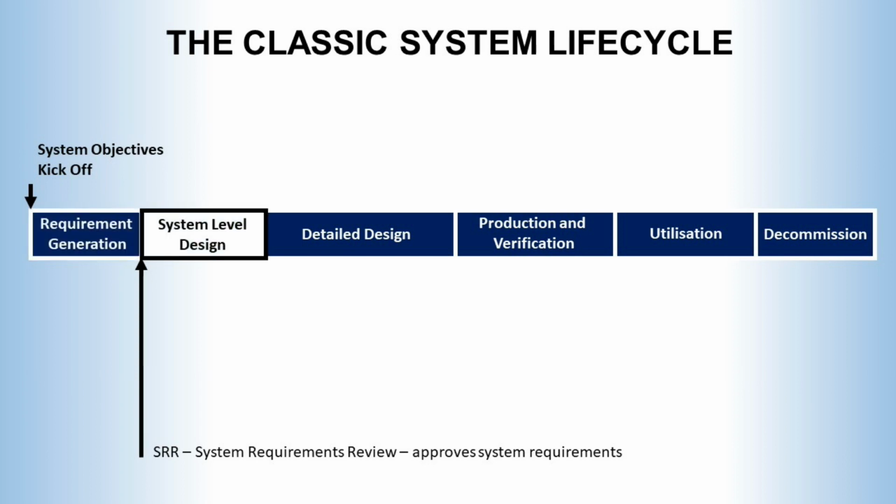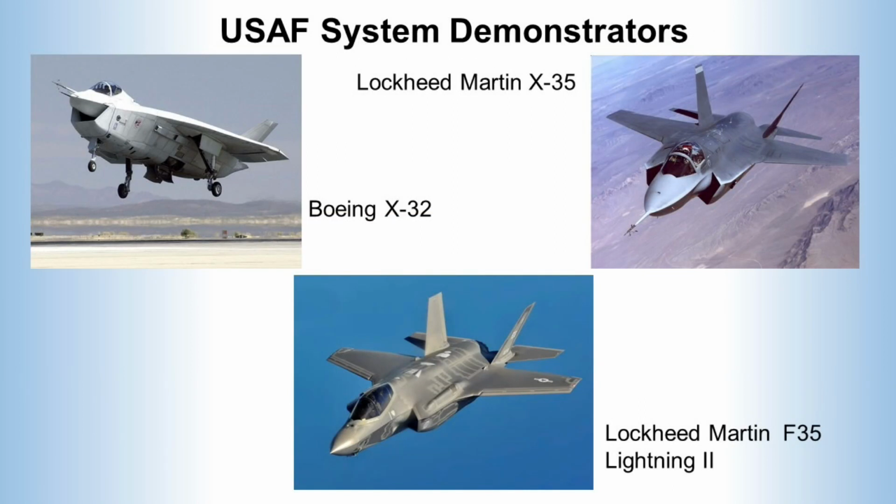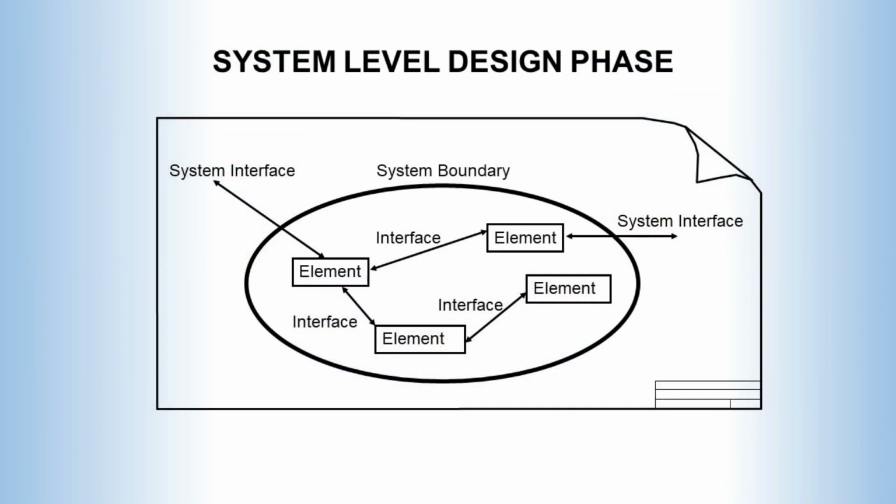Once customers for a system have their requirement specification, they can ask for proposals from the people who can actually make them. If there is a competition between commercial firms, then they can come up with very different system designs internally, but the boundary and the system interfaces will be the same. What a system design does is to establish the elements that make up the system and define the interfaces between them.